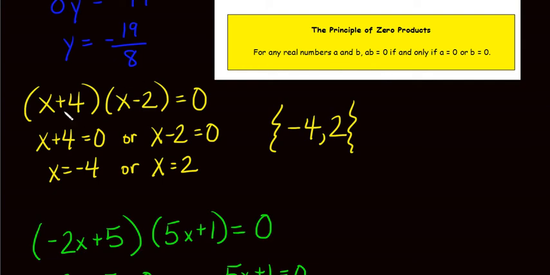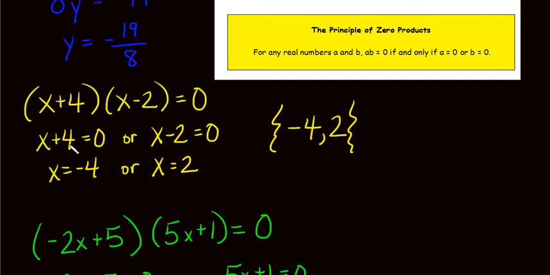Well, if we have an equation set up like this, x plus 4 times x minus 2, and the whole thing equals 0, I know that if x minus 2 equals 0, the whole thing is going to equal 0. If x plus 4 equals 0, then the whole thing is going to equal 0. I could figure out what would make that 0, and it would be a solution for this problem.